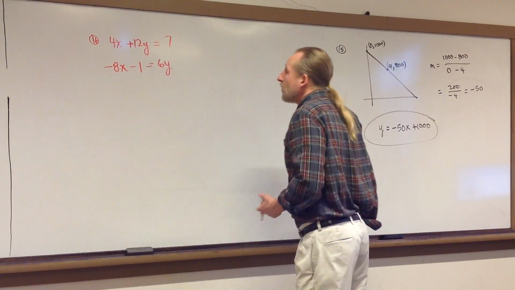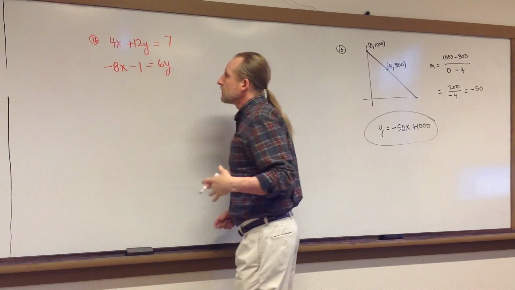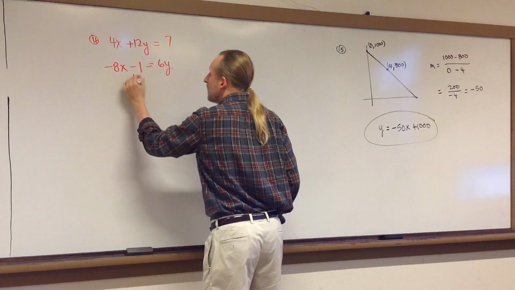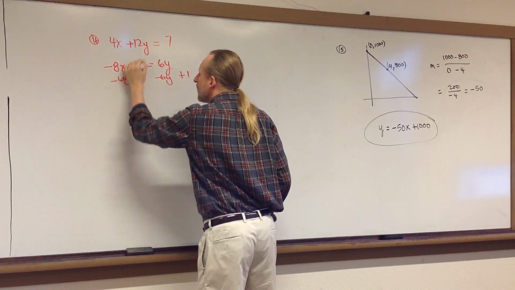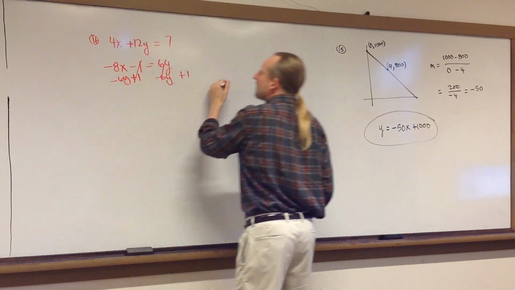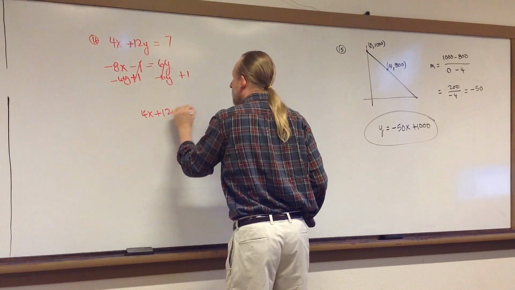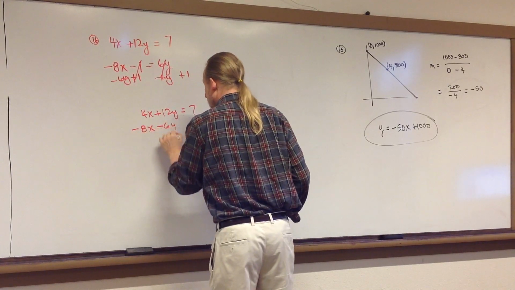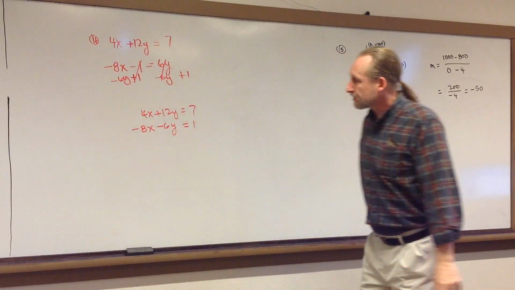What I'm going to do is set this up so that we can add the equations to each other. So I'm going to put the 6y over here and move the 1 back over here. So what we come out of this with is 4x plus 12y equals 7, and -8x minus 6y equals +1.